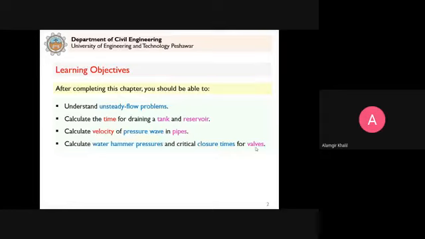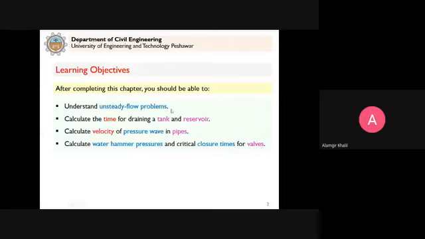Not only in water supply systems, but for example in dams, when the water is supplied through tunnels to the powerhouse, to the turbines, a huge quantity of water is flowing. If you suddenly stop the water, the pressure that is developed can burst the pipe. These are known as water hammer pressures, and we would like to calculate the critical closure times that we need to avoid, so as to keep this pressure minimum and avoid any damage.